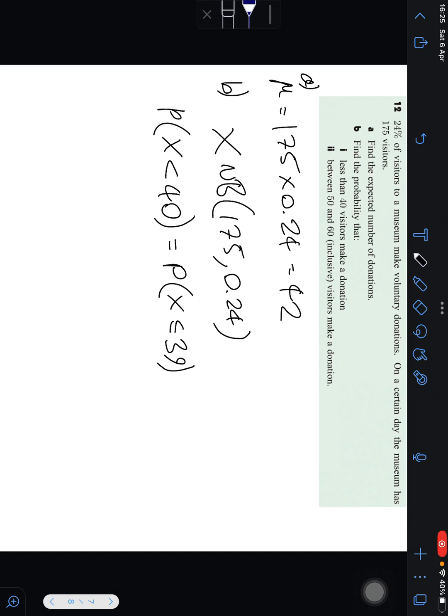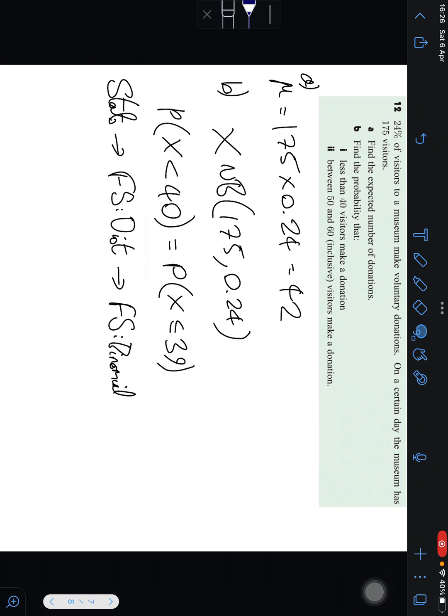So on your Casio calculator, if you have one of these, if you don't, then it'd probably be slightly different. But we go to main menu, we go to statistics, which is the one with the 2 next to it. And then on statistics, we click on distribution, which is F5. Then after F5, we're going to click on binomial, which is F5 again.